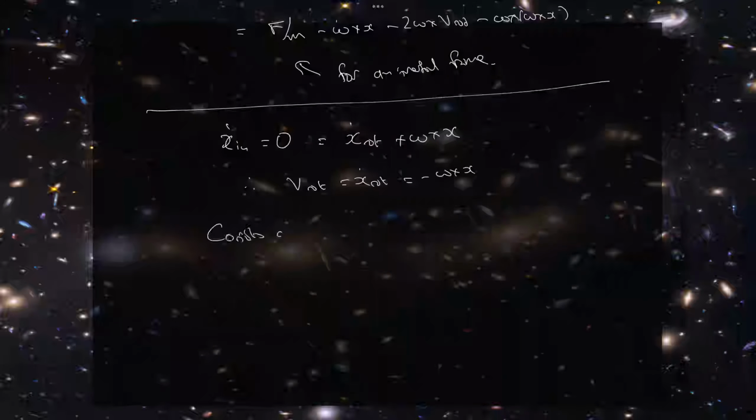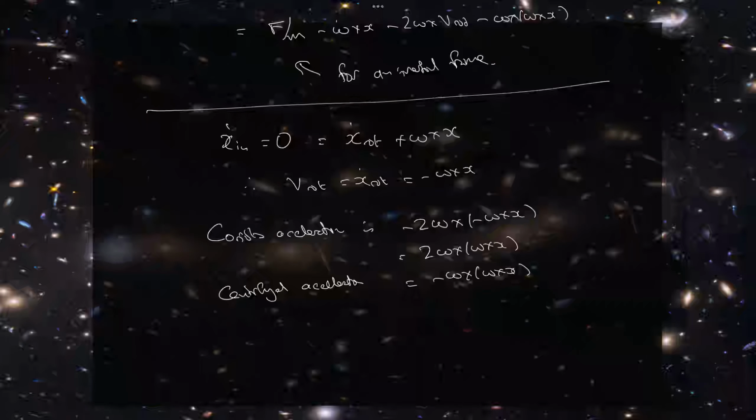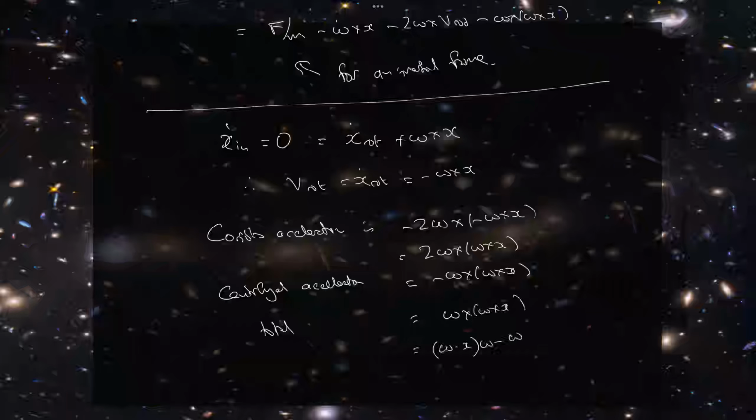And therefore, the Coriolis acceleration is minus 2 omega cross minus omega cross x, which is 2 omega cross omega cross x. And the centrifugal acceleration is minus omega cross omega cross x. So the total acceleration is just omega cross omega cross x, which is omega dot x times omega minus omega squared x, and that's a centripetal acceleration.